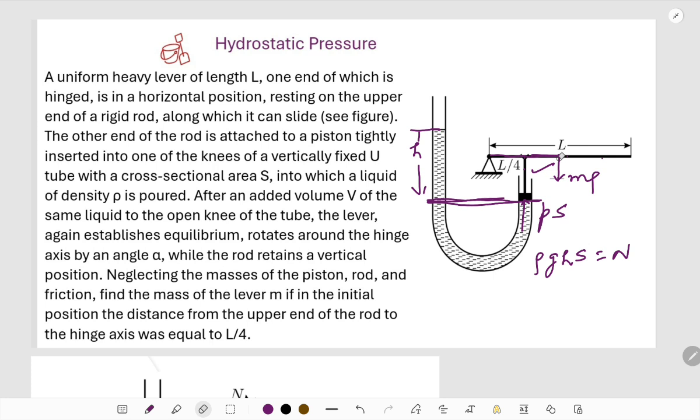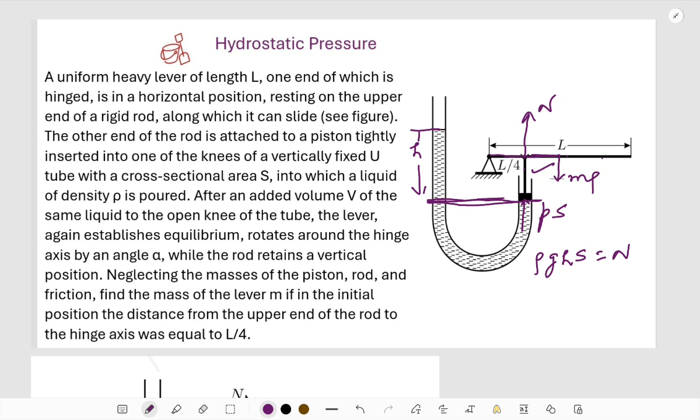On this lever, two forces are acting. One is the force of gravity and another one is the normal reaction of the rod on this lever, that will be in the upward direction. And we know the forces, so we can write the lever rule.